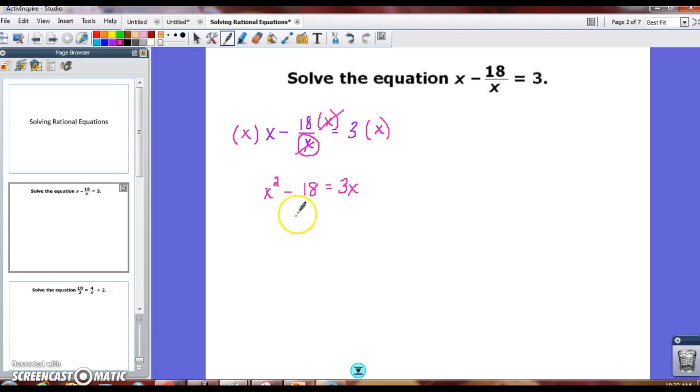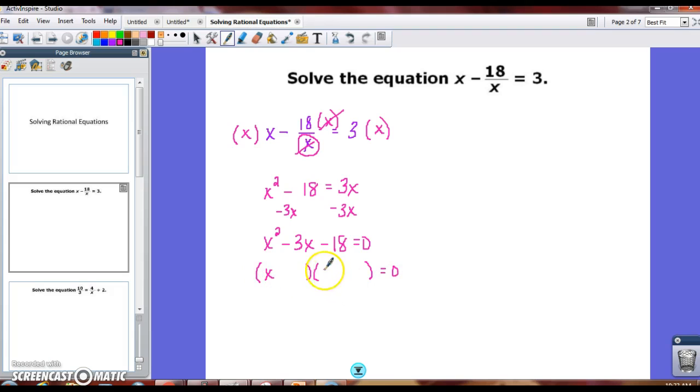And now, very easy to solve, we just get all the terms on one side. So if we subtract 3x from both sides, we end up with x squared minus 3x minus 18 is equal to 0. And then in this case, we're going to have to factor.